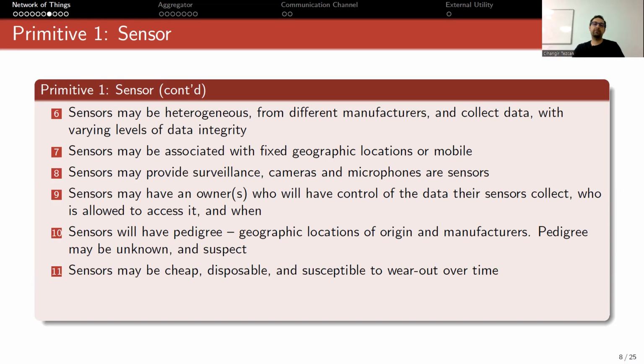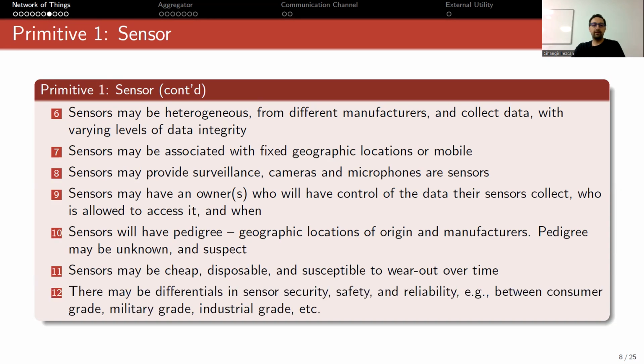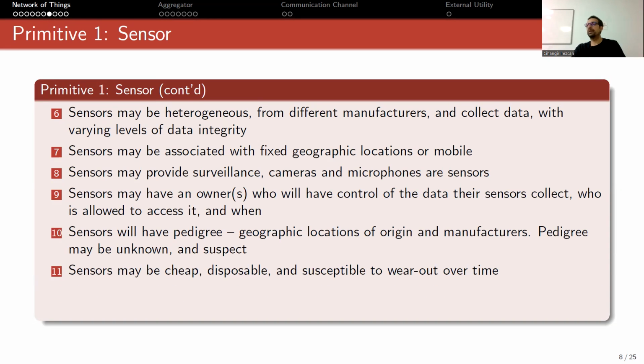So this is one of the problems when you try to build something in large numbers. You want to do it as cheaply as possible. And once you do it as cheaply as possible, those devices do not give you the same performance all the time. So manufacturing quality really applies here.